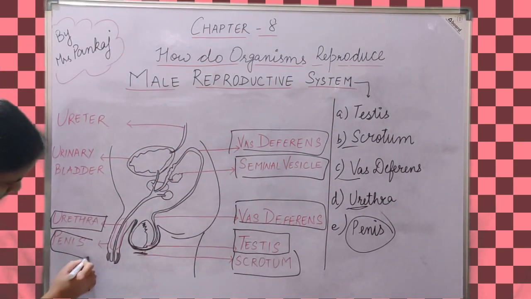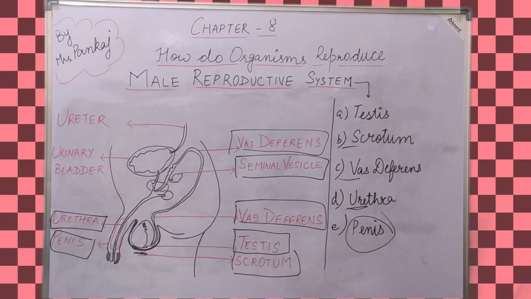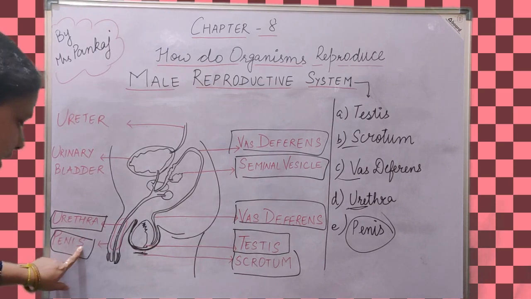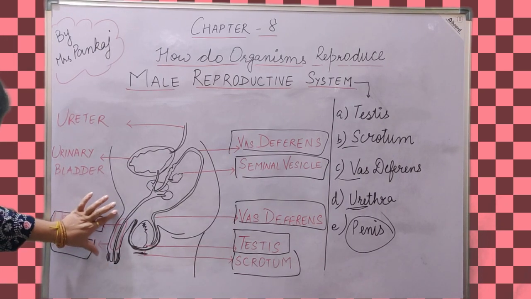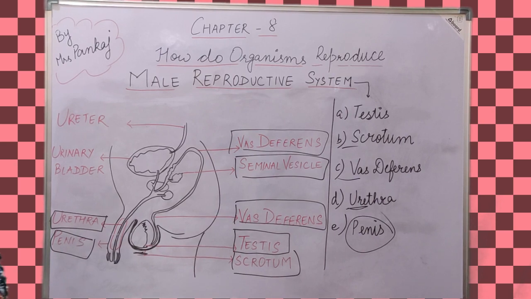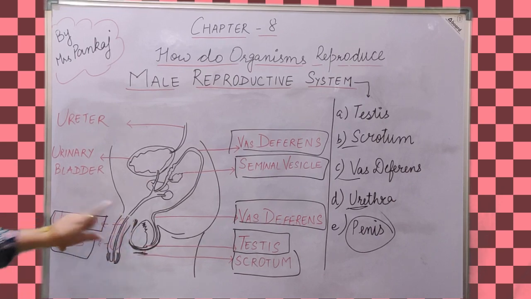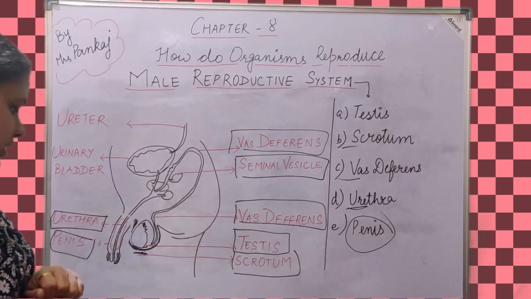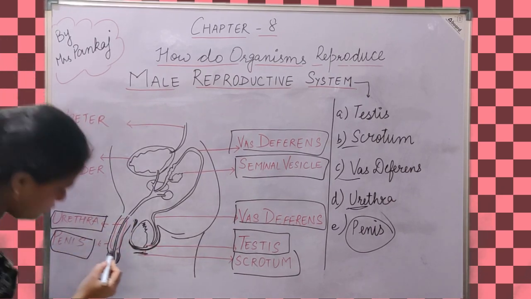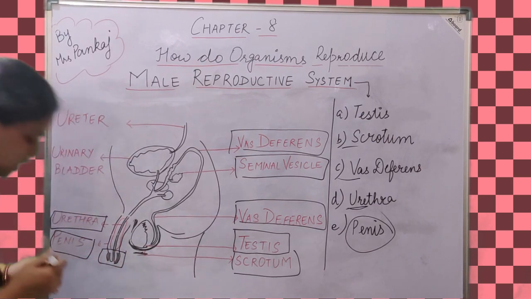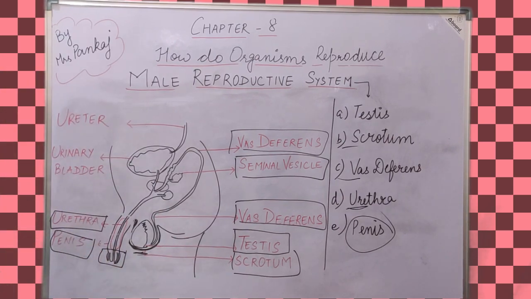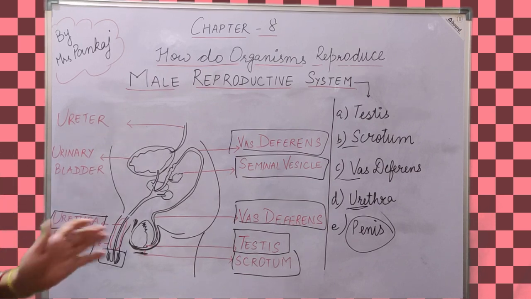Now this penis, last thing. See, it is labeled here. What is the function of this penis? This is a long, thick, muscular organ present outside the body. See, this is the penis. Fine. The tip of the penis consists of soft and highly sensitive skin.